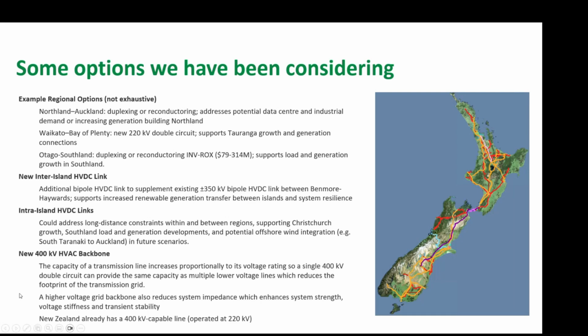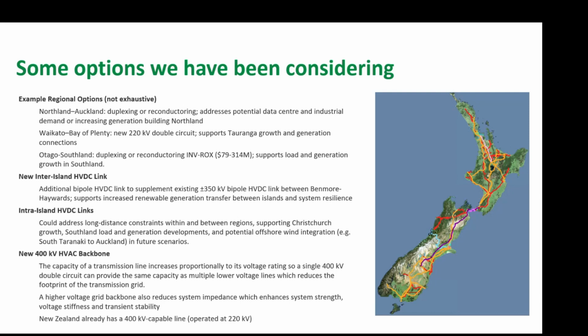In trying to achieve a least regrets grid blueprint, we need to consider everything, which is why this initial options report may end up excluding some projects that come out in our final blueprint. As a bit of a flavour, we're looking into key regional upgrades where we may see significant load growth in the coming 25 years. This may include anywhere between Northland to Southland.